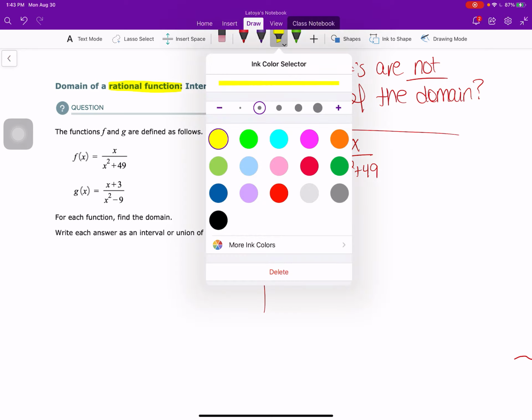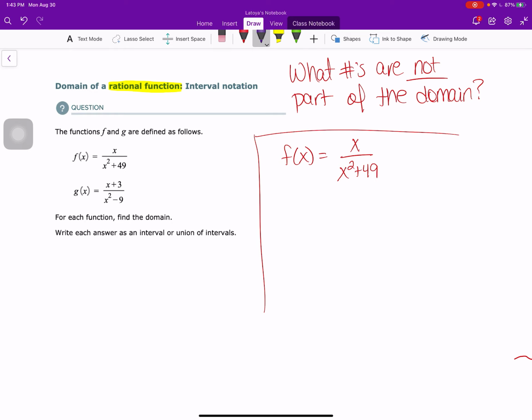You want to make a note if you're taking notes here. You want to write down that we cannot have 0 in the denominator.